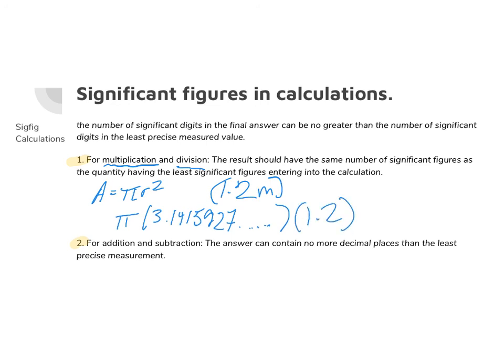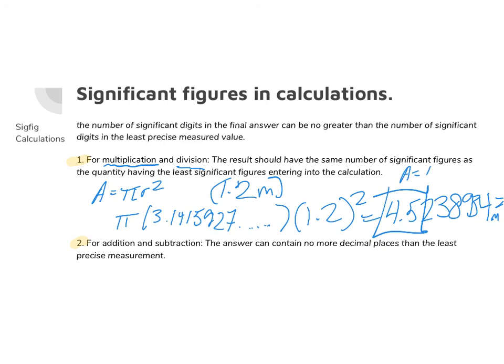So when we go ahead and calculate, we're going to get a long answer because we're using pi, but if we abide by our multiplication rules for significant figures, when we express our answer, even though if we put this into a calculator, we're going to get 4.5238934 meters squared, we only want 2 sig figs because we're abiding by our sig figs rules. So we can say that the area of this circle is 4.5 meters squared.